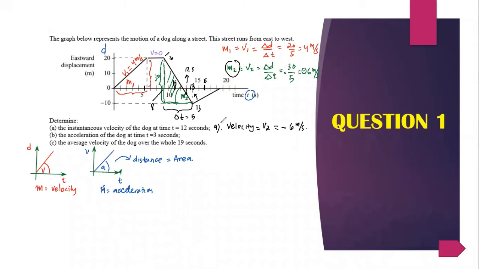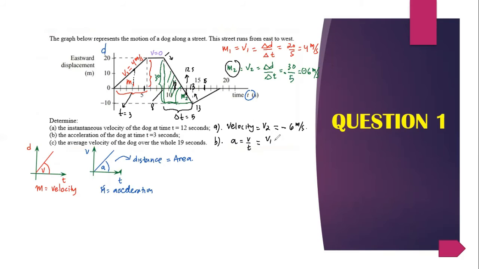Okay, now we go to part B. The acceleration of the dog at time equals 3 seconds. What 3 seconds? Here is 3 seconds, right? But it says acceleration, right? So the acceleration is v over time. For the acceleration at 3 seconds, it is v1, right?